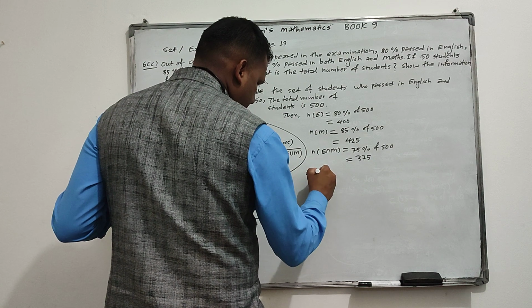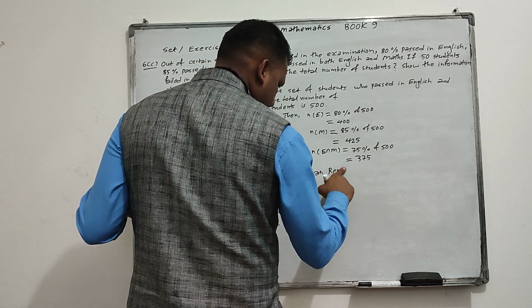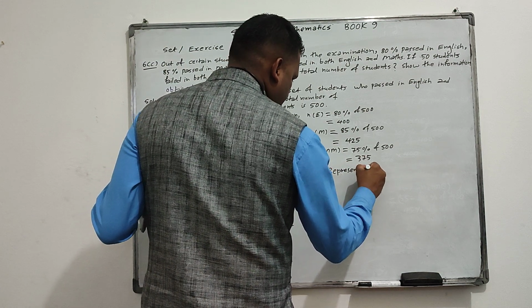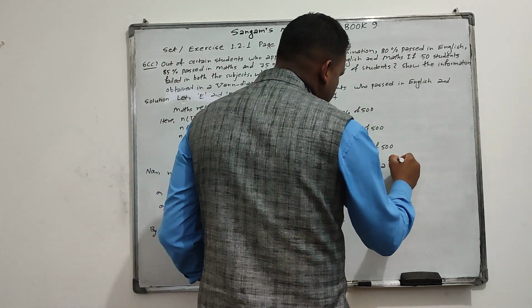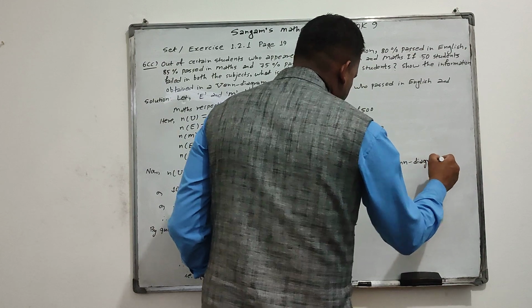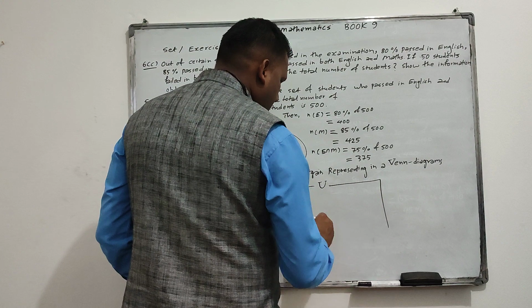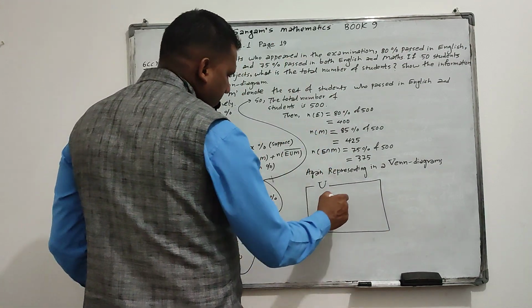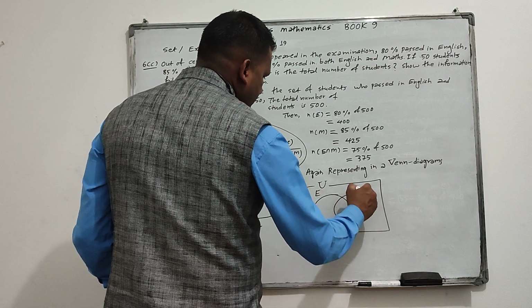Again, representing in a Venn diagram. This is U and two subsets of U. They are E and M, E for English and M for mathematics.